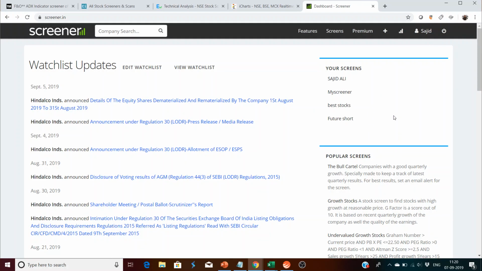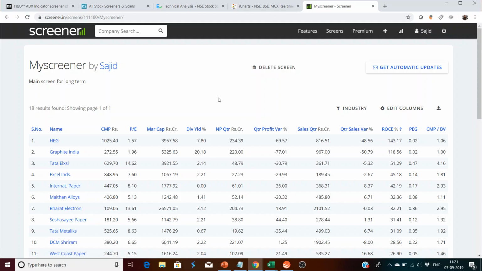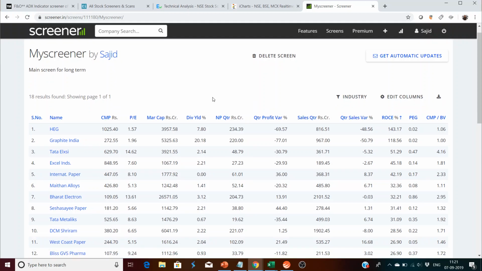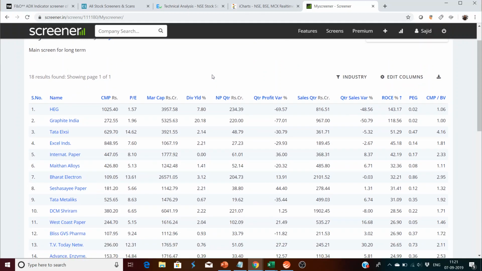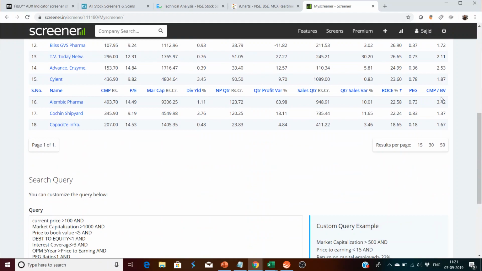Okay, so these are my screens. So I go to my screener. I'm getting a list of stocks by the formula I have put in, and these are the stocks, and the conditions they are satisfying, like current market price, P/E ratio, market cap, dividend yield percentage, net profit quarter profit variance percentage, sales per quarter, quarterly sales variance percentage, return on capital invested, PEG ratio, book value, price to book value, and all this.